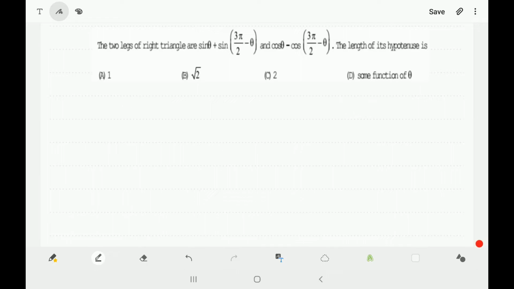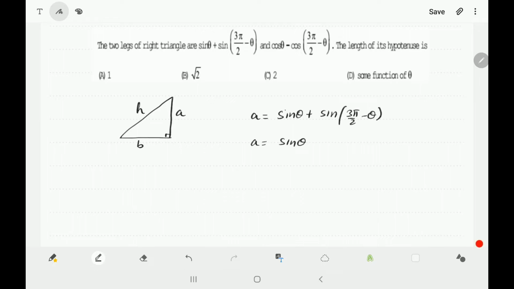If two legs of a right angle triangle are sine theta plus sine of 3 pi by 2 minus theta and cos theta minus cos of 3 pi by 2 minus theta, we have to find the length of its hypotenuse. Okay. So let's say we have this perpendicular as A, base as B and hypotenuse as H. So we have two legs as A and B. So let's consider A as sine theta plus sine of 3 pi by 2 minus theta.